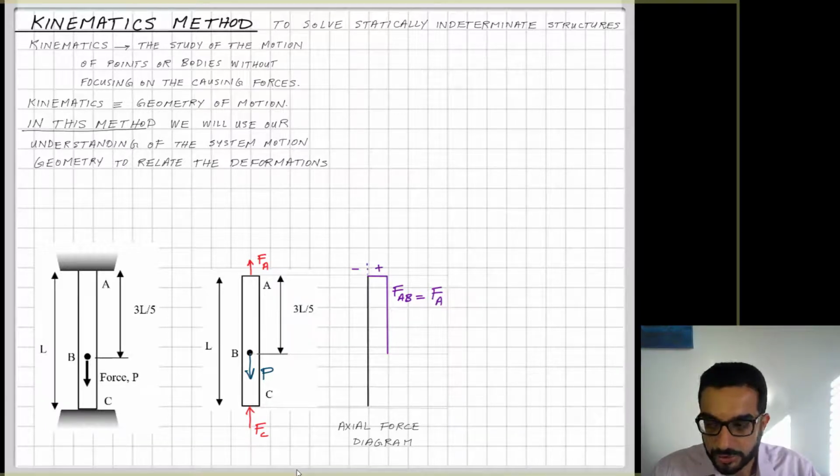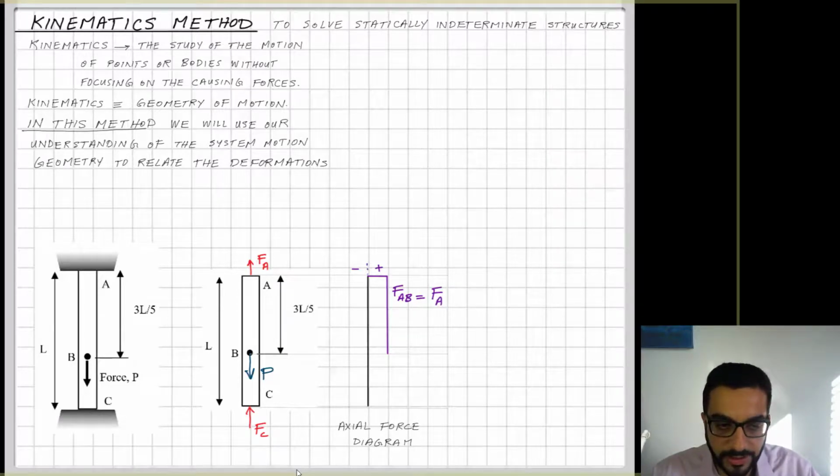So I can still draw an axial force diagram. Not knowing the values of Fa and Fc doesn't prevent me from drawing the internal axial loads in that member. If I start from the top, Fa, the reaction here, I predict that it will be pulling the member up. So that length AB will be under tension, and the internal force FAB will be equal to the reaction Fa.